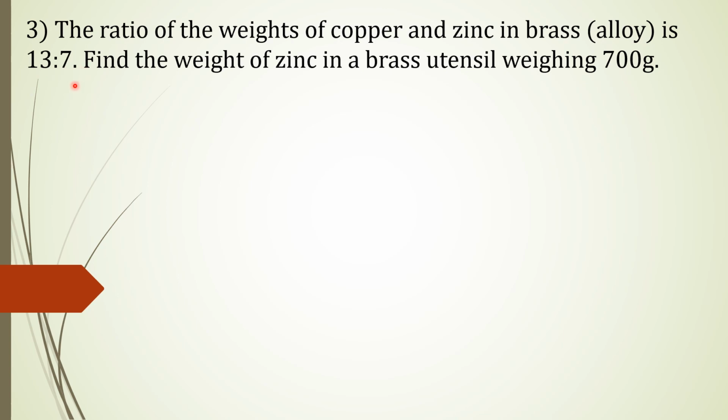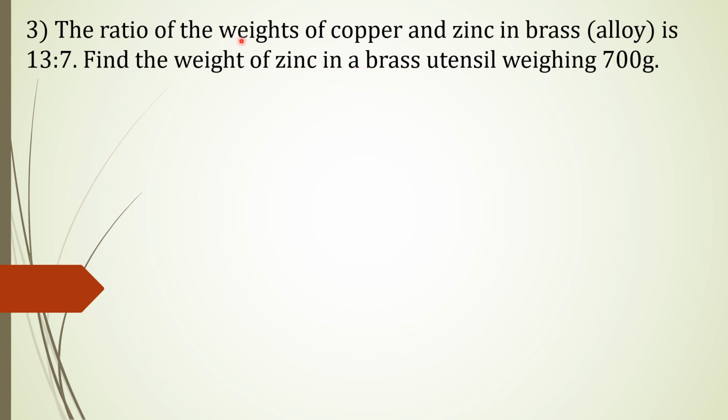The ratio taken of the weight of copper and zinc is 13:7. Find the weight of zinc in the brass utensil weighing 700 gram. So the brass utensil which is made, its total weight is 700 gram. But you have to find out what is the weight of the zinc in that brass utensil.